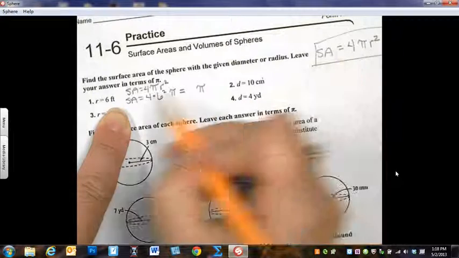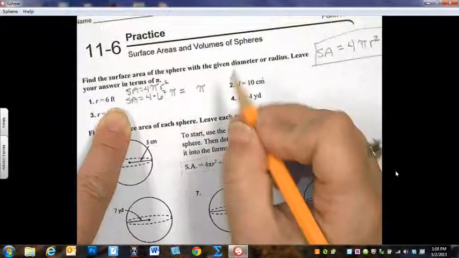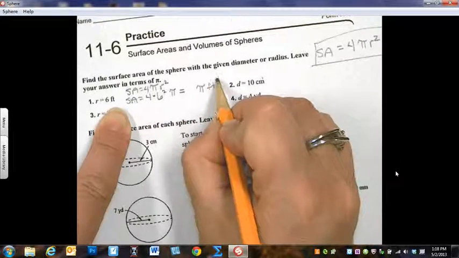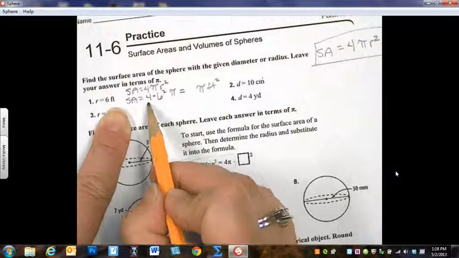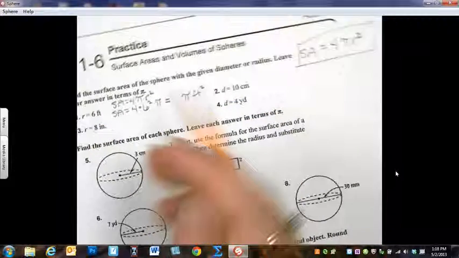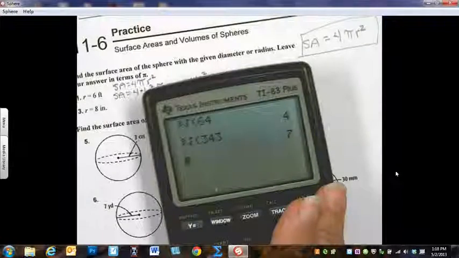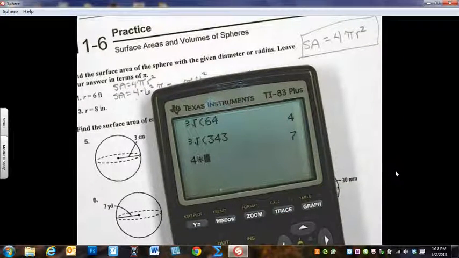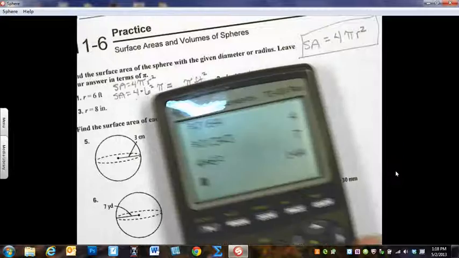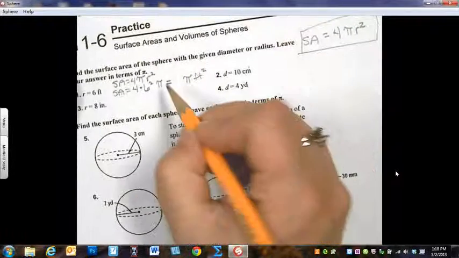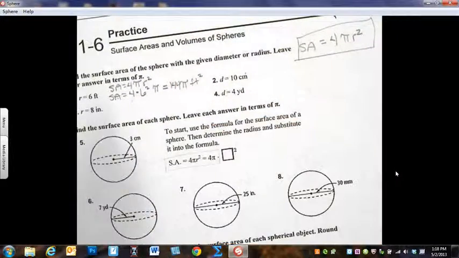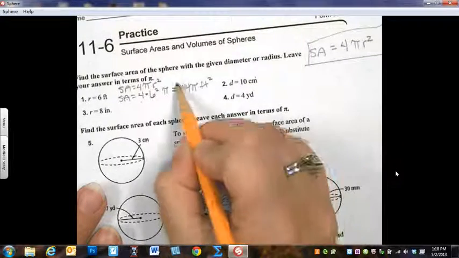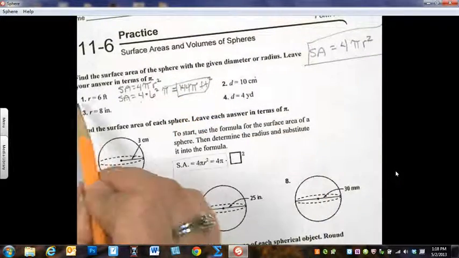Now it's area again, so remember our units are going to be squared. But what is 4 times 6 squared? Well, I know 6 squared is 36, but I don't know what 4 times 36 is. Here, I'll even do this for those of you that are like, where'd you get 36? 6 squared is 36, and 4 times 36 is 144. So 144 pi feet squared. That is your answer to this problem, number 1.